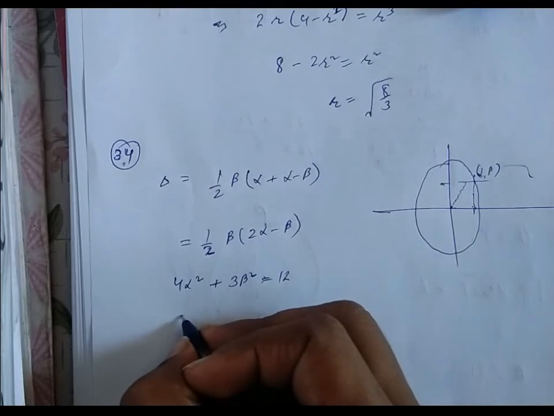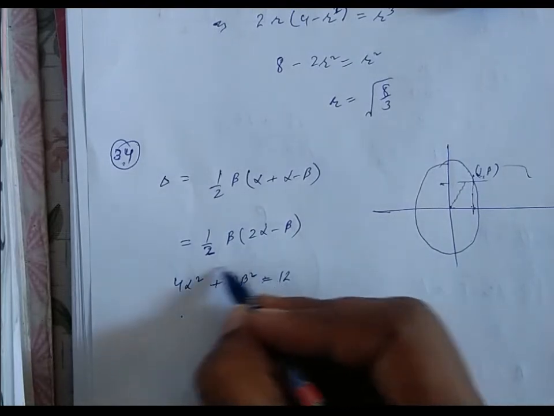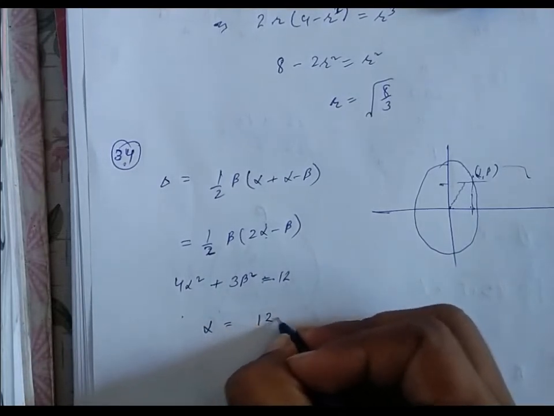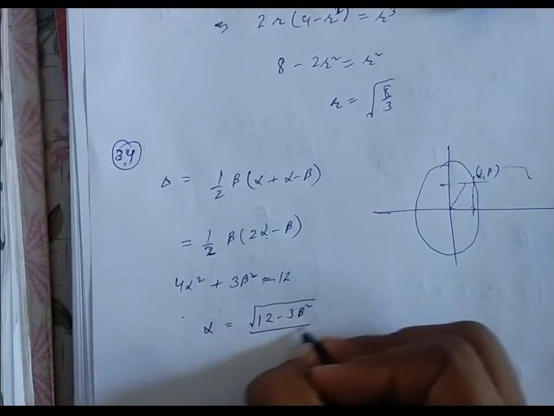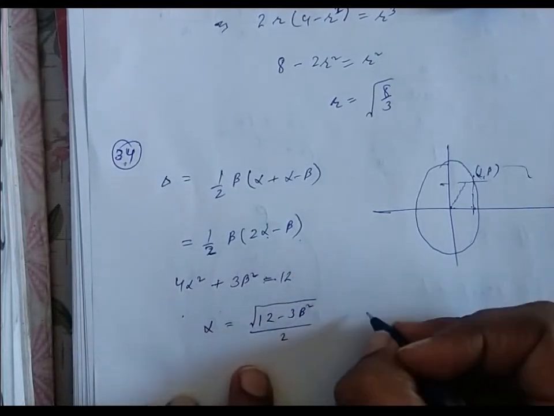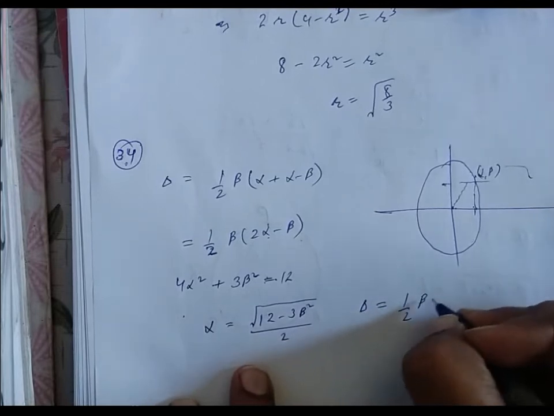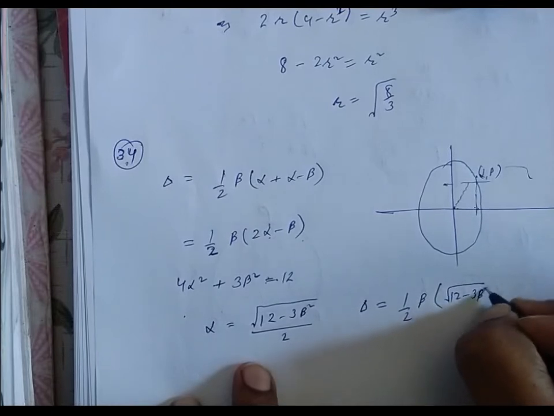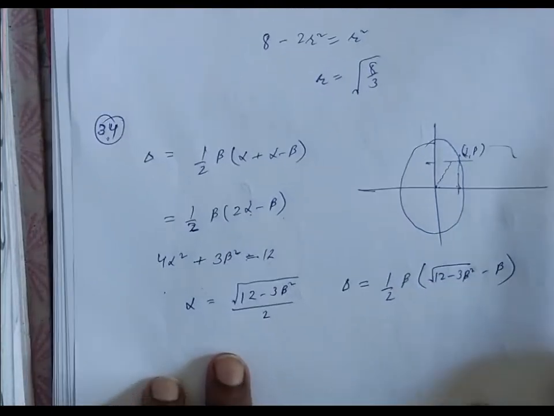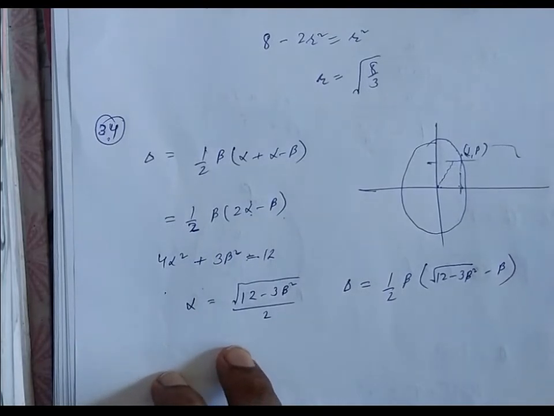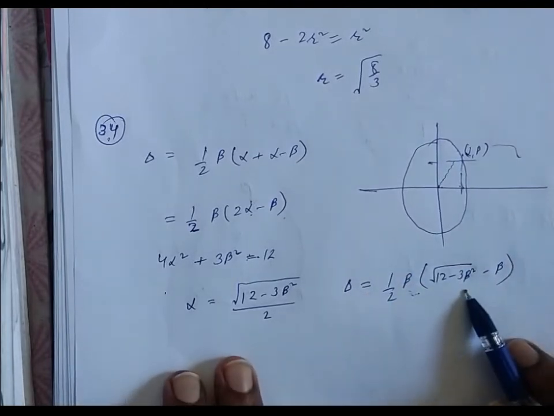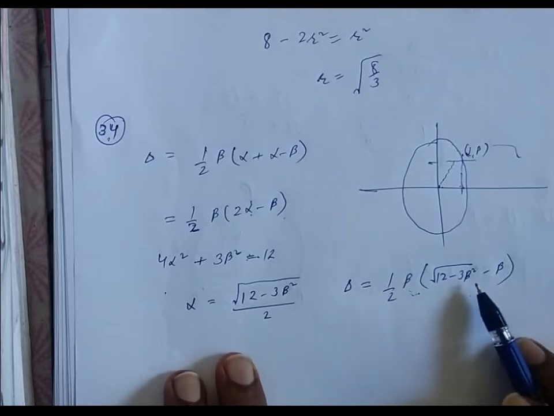Now substitute the value of alpha from this equation into this. So alpha is equal to root of (12 minus 3 beta square) upon 2. So we get delta is equal to half of beta into (2 alpha minus beta), where 2 alpha is the square root of 12 minus 3 beta square. Now we need to calculate the maximum value of this. So differentiate this with respect to beta and calculate the value of beta.